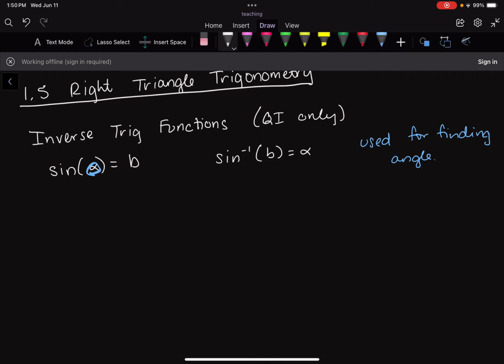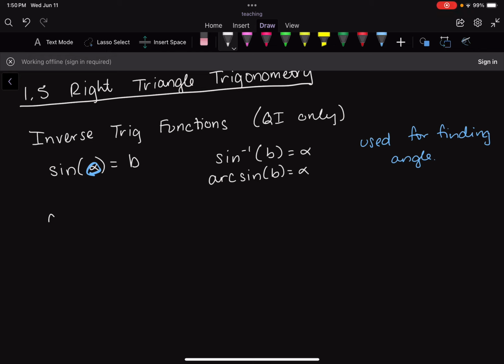Another common way to see sine inverse is you could see it written as arc sine. That is the same thing, sine inverse and arc sine. Now sine inverse is not the same thing as saying cosecant. Cosecant is the reciprocal of sine. It is not the same as sine inverse. So big distinction there.